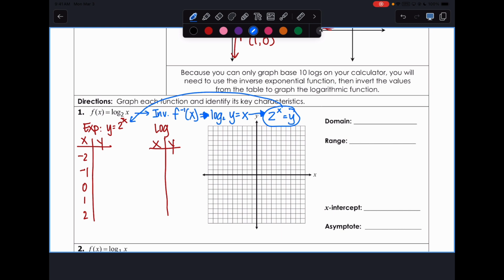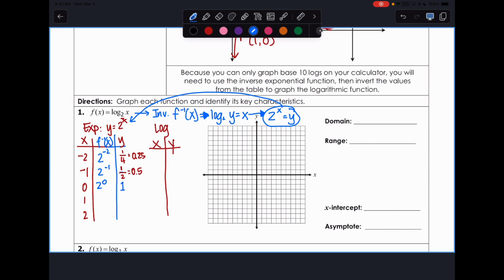So let's plug it in. 2 to the negative second power is 1/4, or 0.25. 2 to the negative first power is 1/2, or 0.5. 2 to the 0 power, 1.